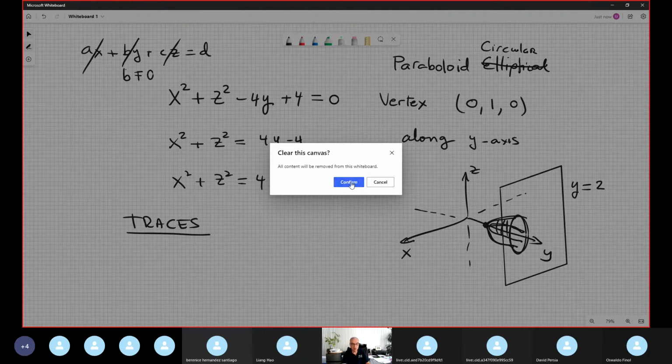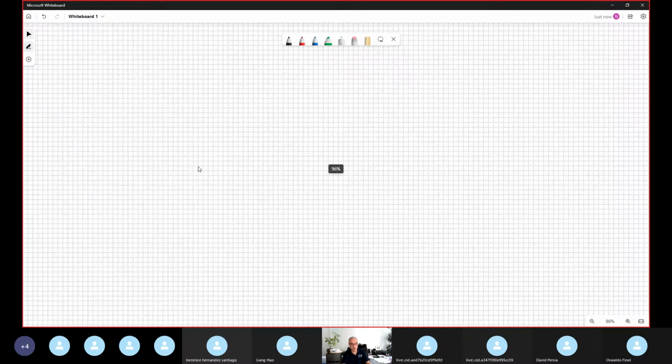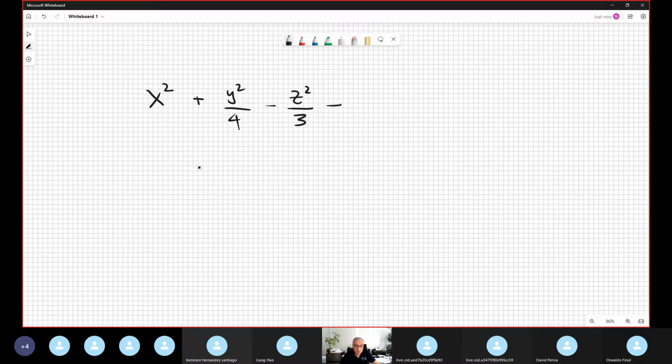Okay. One more. This was easy, but this is not. Suppose this example: x squared divided by nothing, no divide, plus y squared divided by 4, minus z squared divided by 3, plus 6x plus 9 equals 0.